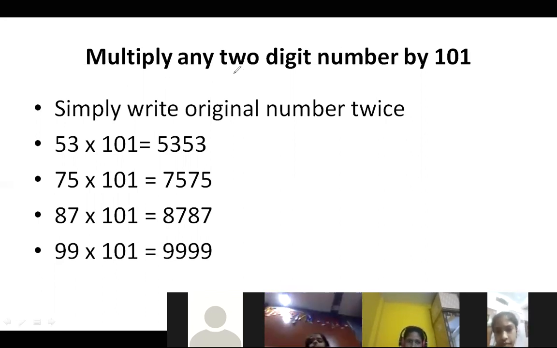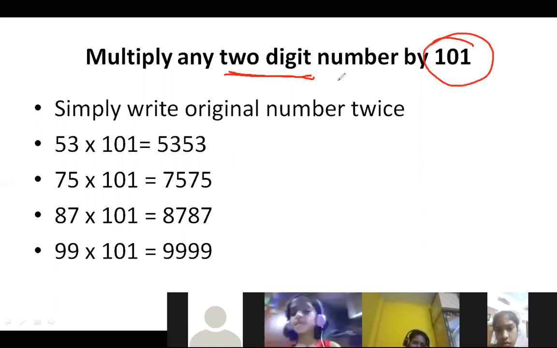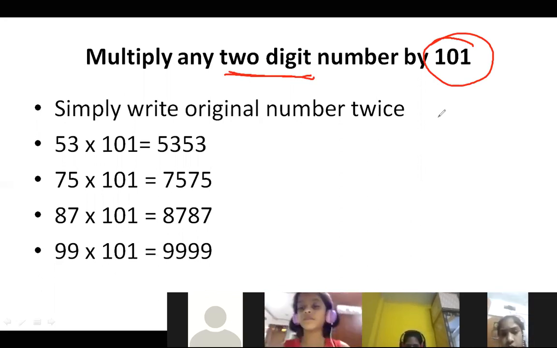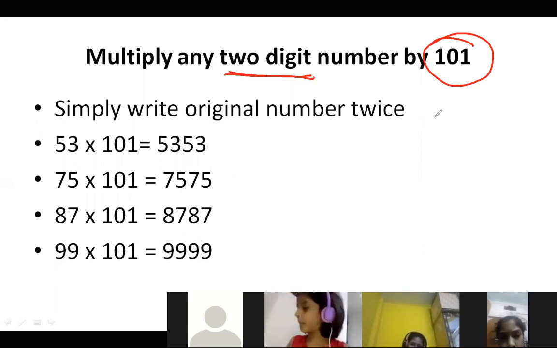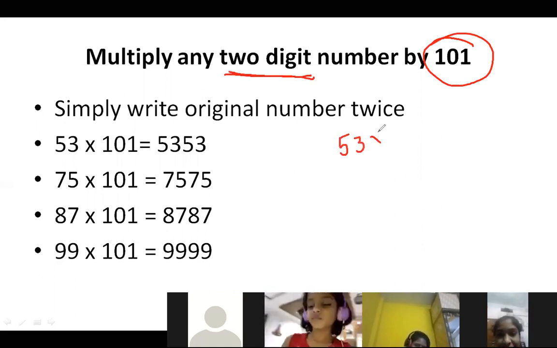See, multiplying any 2-digit number by 101. 2 digits only. 53 into 101.